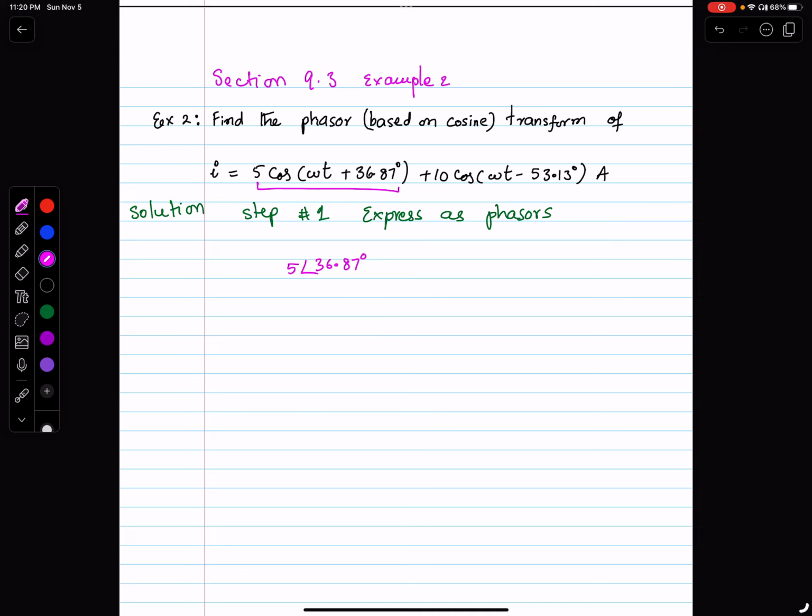Okay, then the phasor for this guy is 10 angle negative 53.13 degrees. All of this is in amperes. Okay, now what we do is step number two.